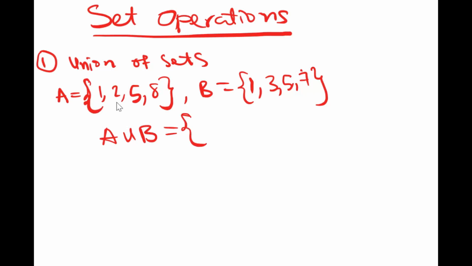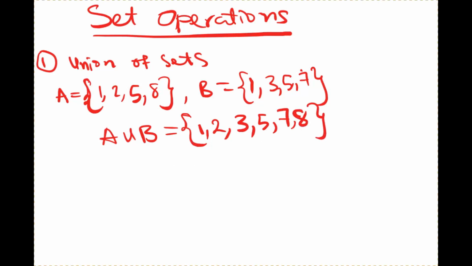Like 1 and 5 appeared here in A and it appeared in B as well. So we are going to write everything here without repeating any number. So I have 1, let me write it serially, 2, 3, 5, 7, and 8. So this is the union of the two sets A and B.